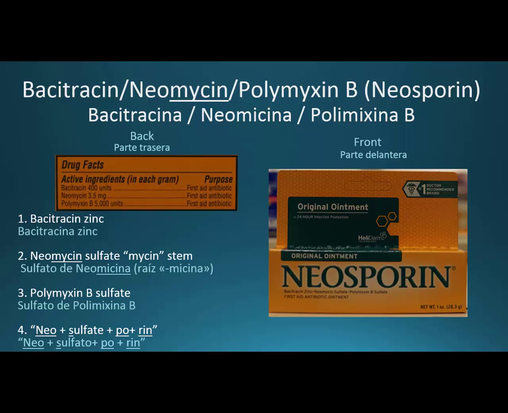It has that mycin stem, but the mycin doesn't really tell you anything. It just tells you it comes from the Streptomyces bacteria. So sulfato de neomycina. La raíz es mycina, so the stem is mycina. 3, polymyxin B sulfate, sulfato de polymyxina B.